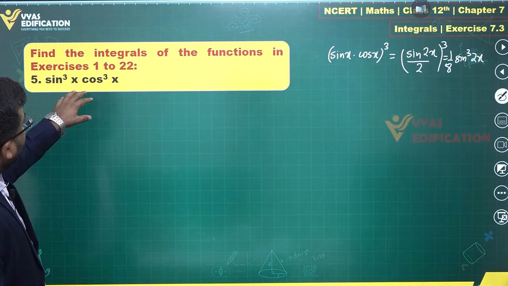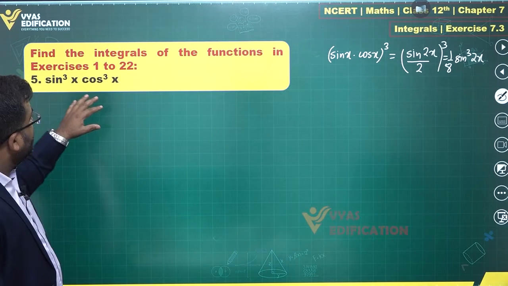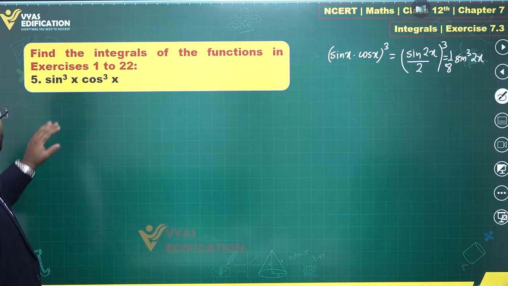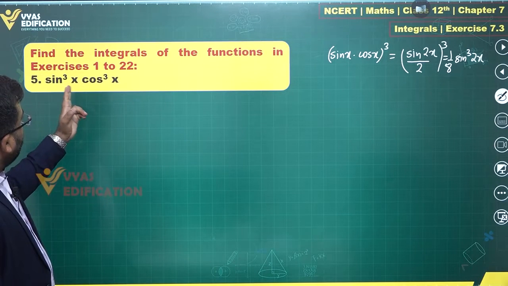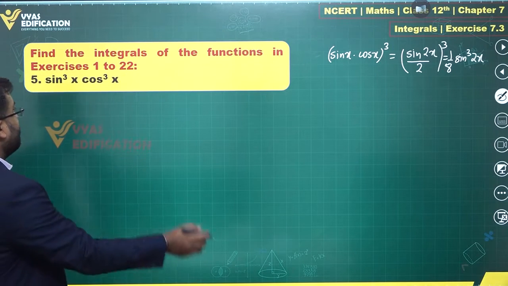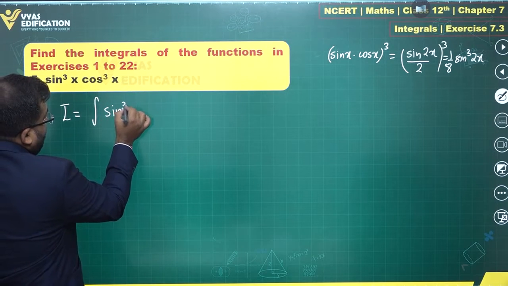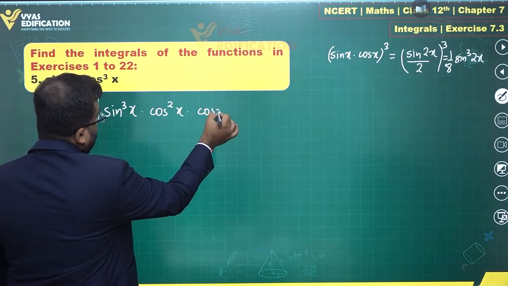Can we use a similar kind of idea, that first method which you used in the previous question, over here also? Maybe. So we have sine cube x, cos cube x. Can I take one cos x separate? Yes, maybe. I can write this as sine cube x into cos square x into cos x.